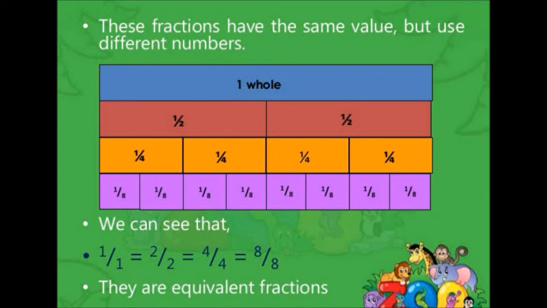If you cancel 4 and 4, you will get 1 by 1. If you cancel 8 and 8, you will get 1 by 1. So everything is equal. So they are equivalent fractions, children: same value but different numbers.